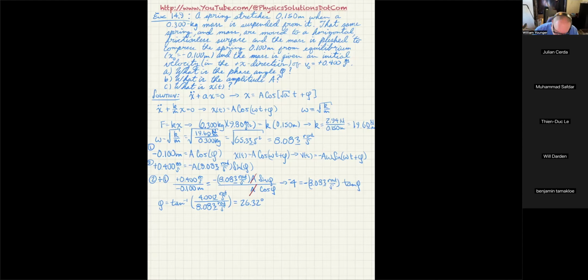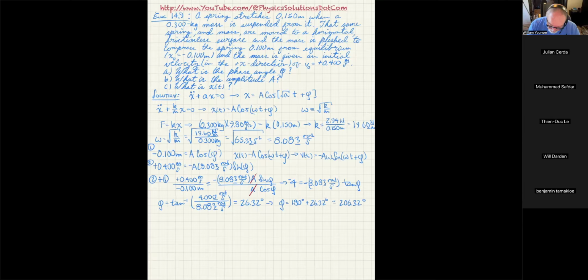So what we have to do is add 180 degrees to this, and that would actually be what our phi is. So phi is actually going to be 180 degrees plus 26.32 degrees, which gives us 206.32 degrees.